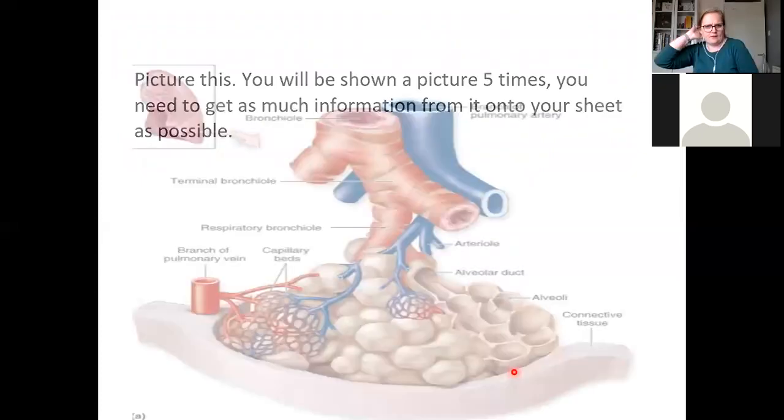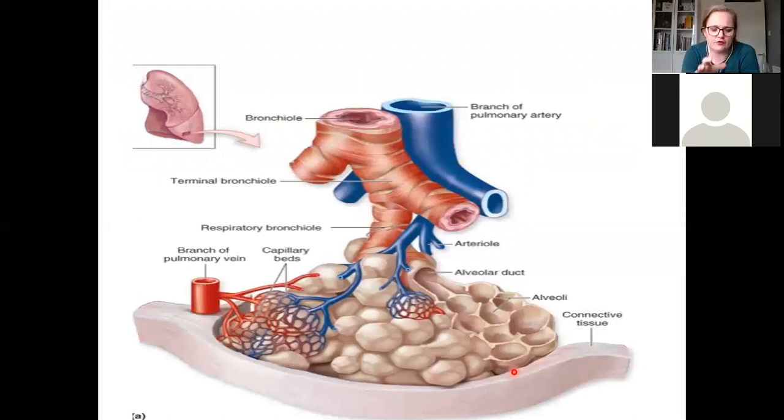So this is sort of the microstructure now. So that was our macrostructure. This is the whole lung. This is then when we look into it in a bit more detail. Obviously, the whole point of the lungs is to get oxygen into the body, into the blood, and carbon dioxide out of the blood, out of the body.